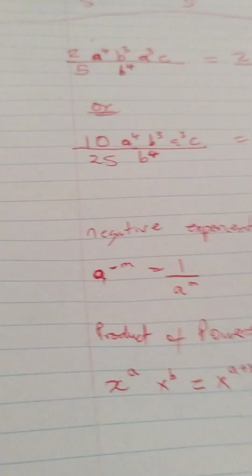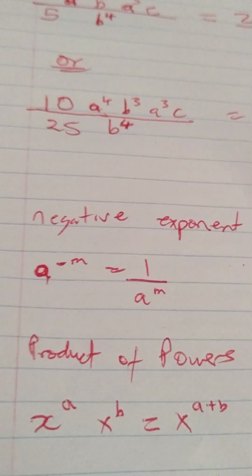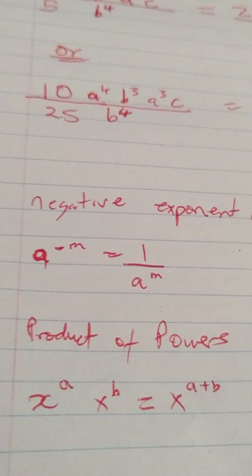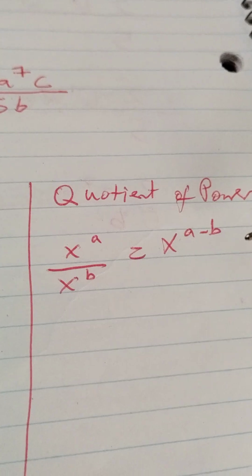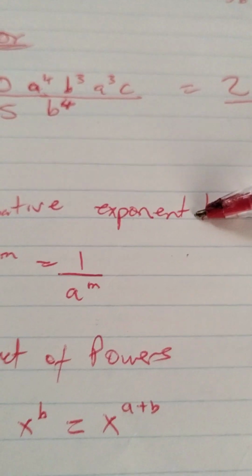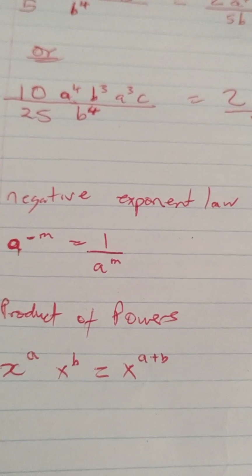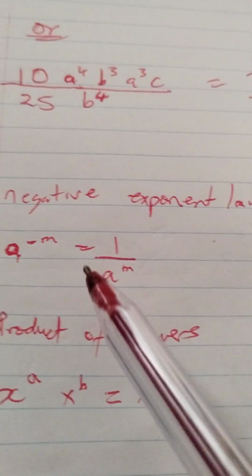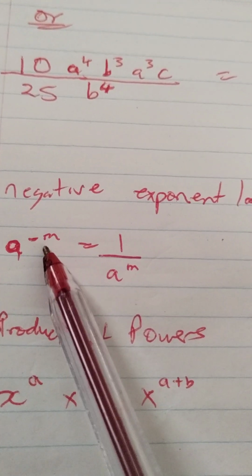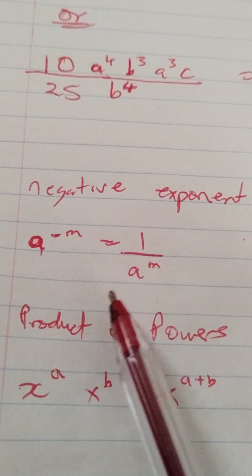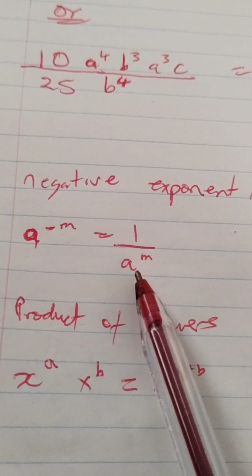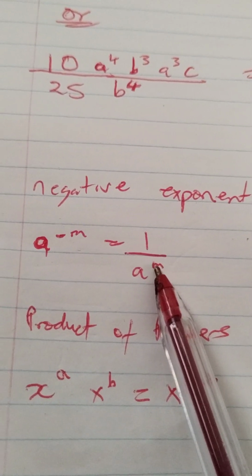In the question that I chose to do, I'll be using the negative exponent law, the product of powers, and the quotient of powers law. I didn't explain this one, which is the negative exponent law. With the negative exponent law, when it is raised to a negative power, then it is equal to 1 over whatever the power was.